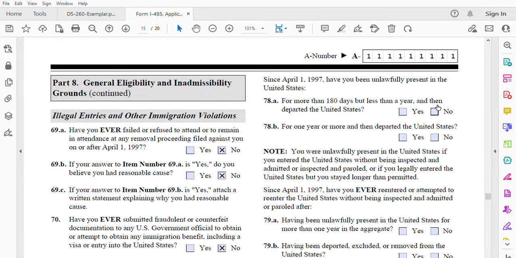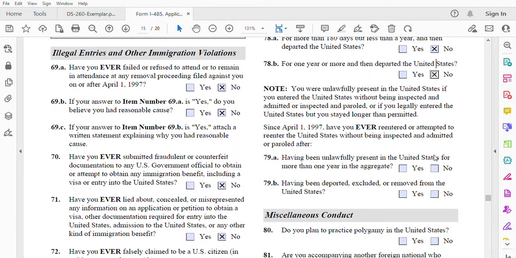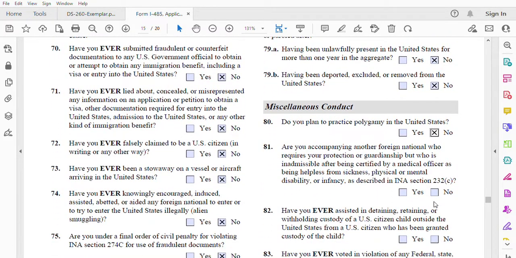No. This is all yes or no questions. Having been deported, excluded, or removed from the United States? No. Do you plan to practice polygamy in the United States? No. No. 82.